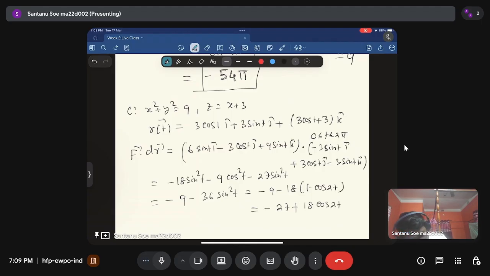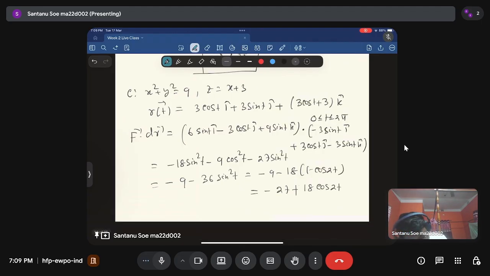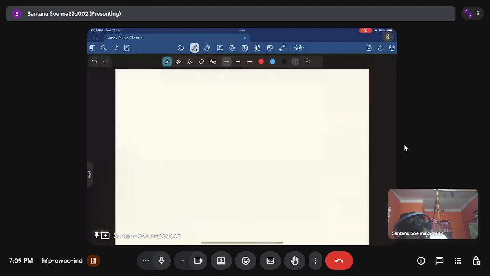Okay, so now this line integration is from 0 to 2 pi of minus 27 plus 18 cos of 2t dt.